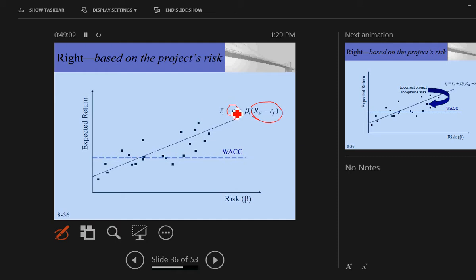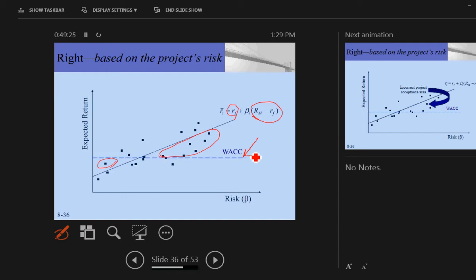Once you do that, you're going to realize that I've been incorrectly excluding this one. Say this was bad because the expected return was lower than the cost of capital. And I was incorrectly including all these in my investment decisions when I was solely reflecting on WACC, right?